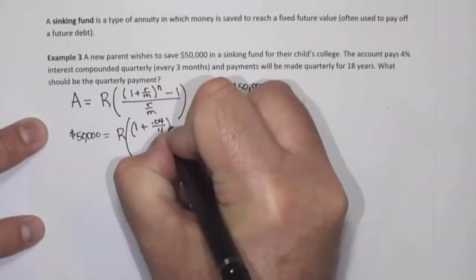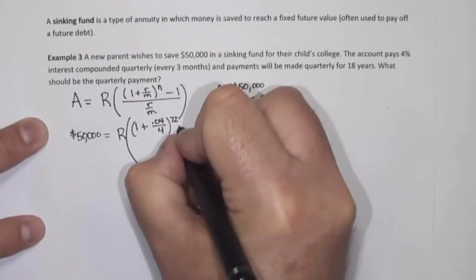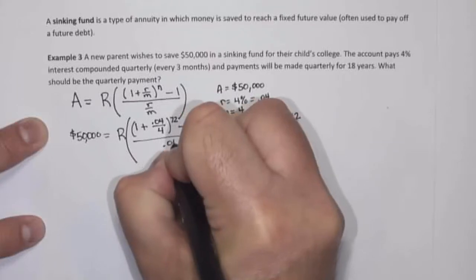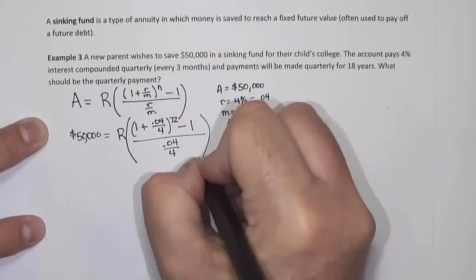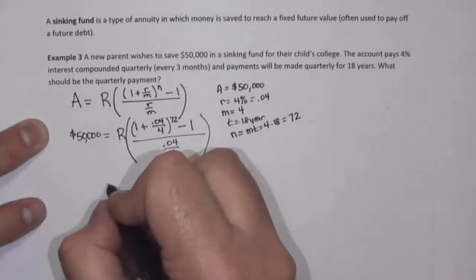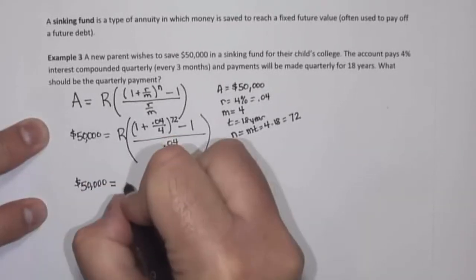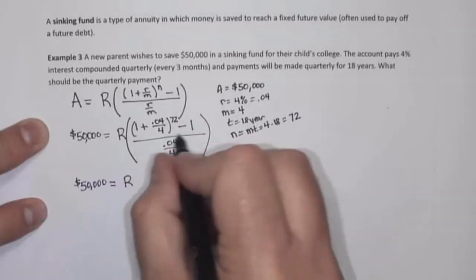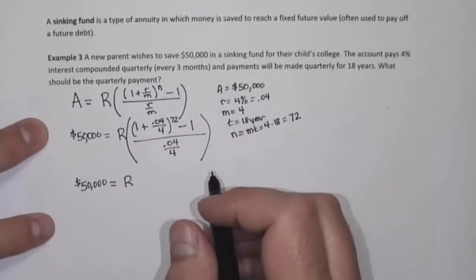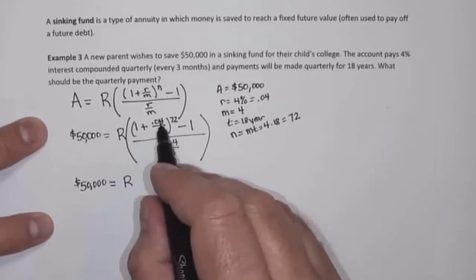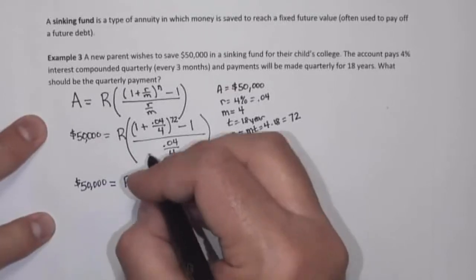Now that gets raised to the 72 power minus 1, and then that gets divided by 0.04 divided by 4. So I have $50,000. That's going to equal R times, I want to clean this up. Well, 0.04 divided by 4 will be 0.01. So 0.04 divided by 4 is 0.01, and 1 plus 0.01 is 1.01.